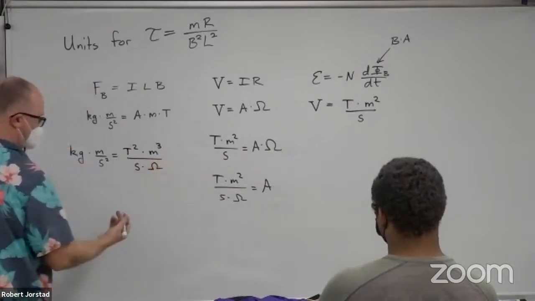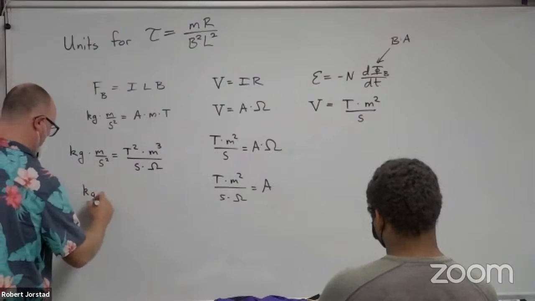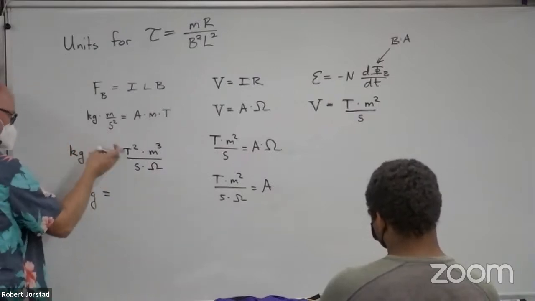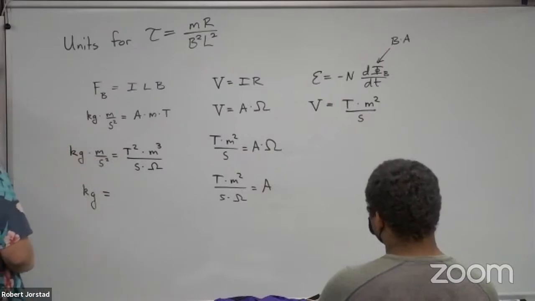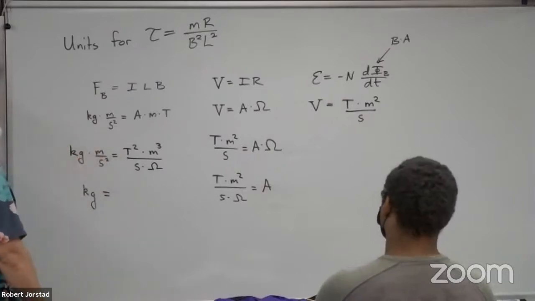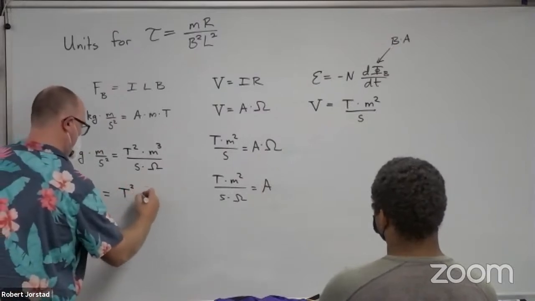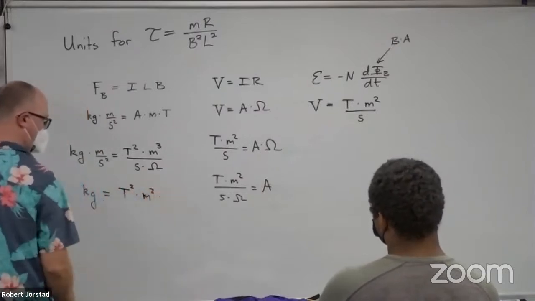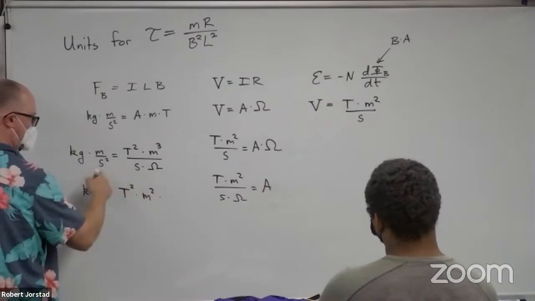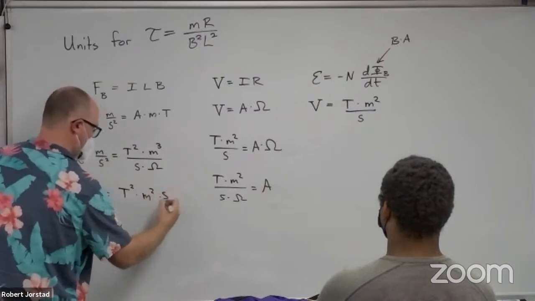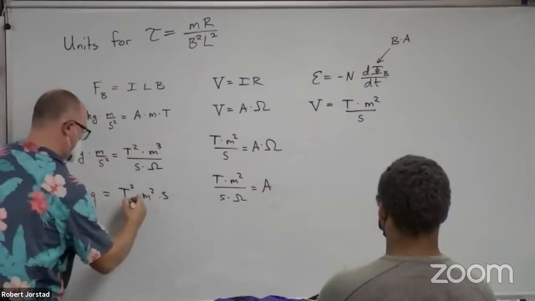Yes. So give me the units of a kilogram now. Clean this up and tell me how a kilogram relates to ohms, Teslas, meters, and seconds. Just get rid of that. So then it'd be Tesla squared times meter squared, and then seconds.